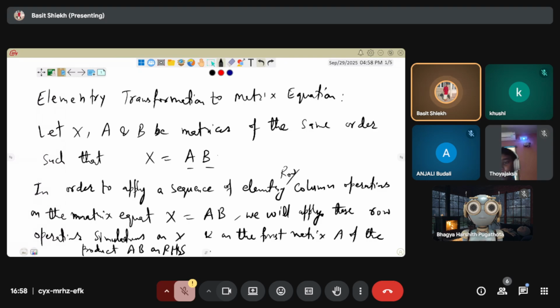In order to apply a sequence of elementary operations, we need not write here row or column. We can write elementary operations on the matrix equation X equals AB.